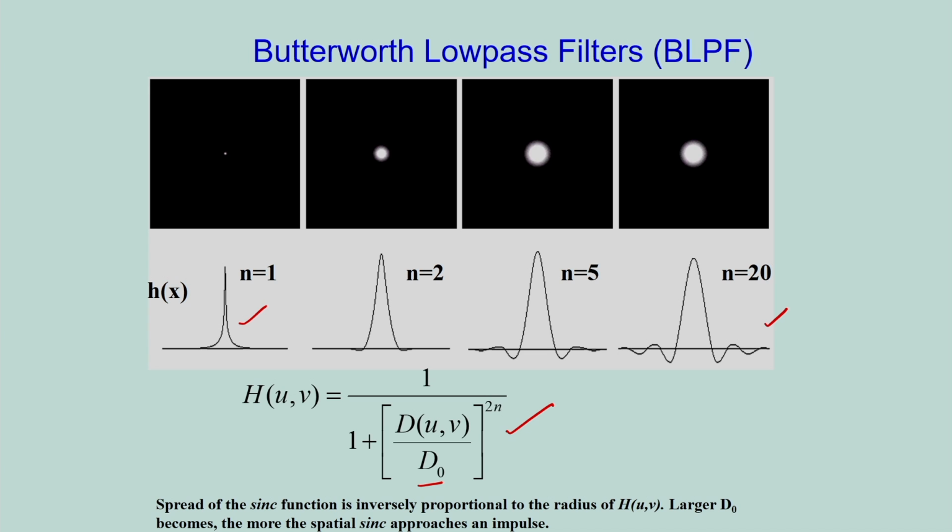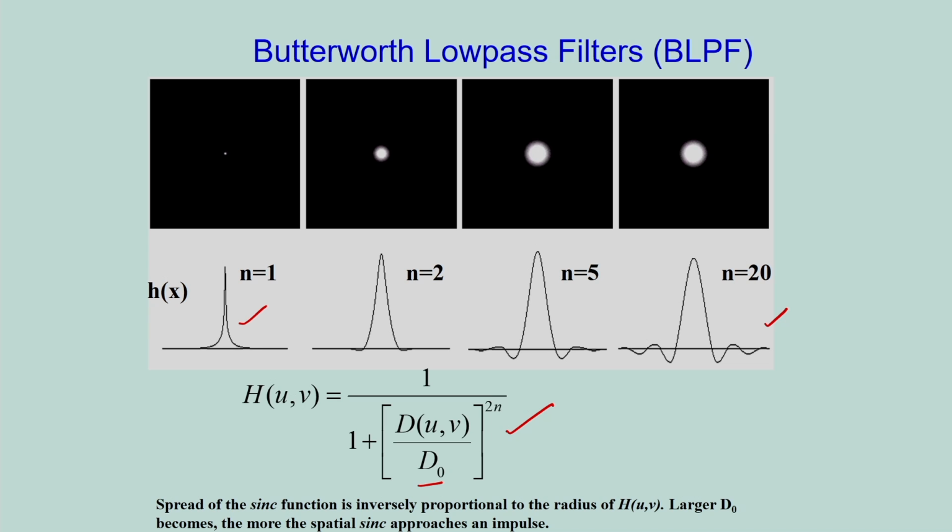I repeat this: a cross section of the ideal low pass filter in the frequency domain looks like a box filter, but in the spatial domain it would be a sinc function. So here I have shown the sinc function. And filtering in the spatial domain is done by convolving h(x,y) with the image.